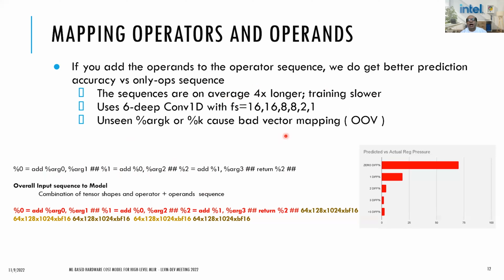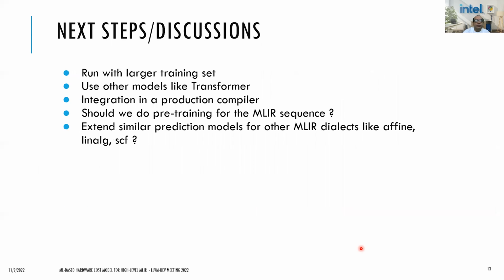And we may have what is called an out of vocabulary problem with respect to this, which we'll not discuss here. But in general, we get better accuracy. Now you see that the cases where we have 0 difference is close to 75%, while the others drop substantially. So if you go from simple operator-based modeling to operator and operand-based modeling, you get much better accuracy.